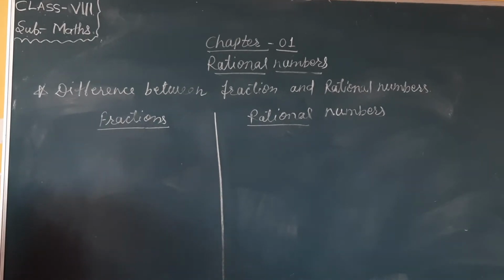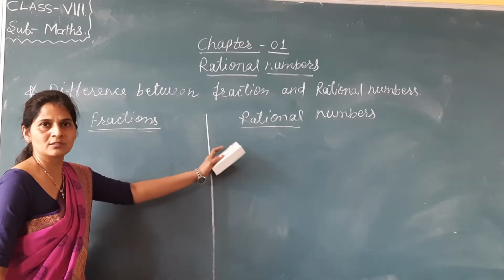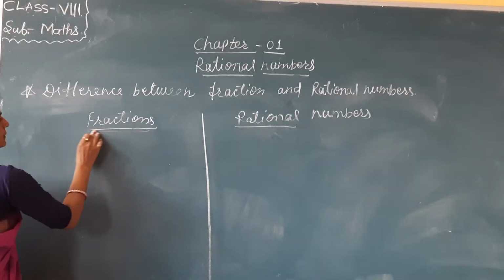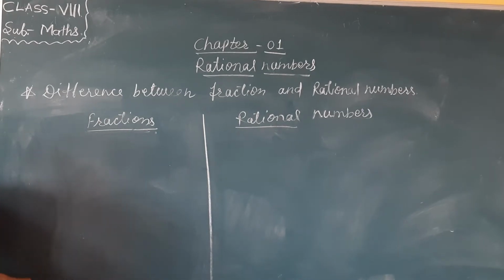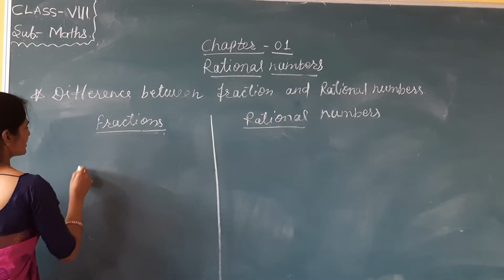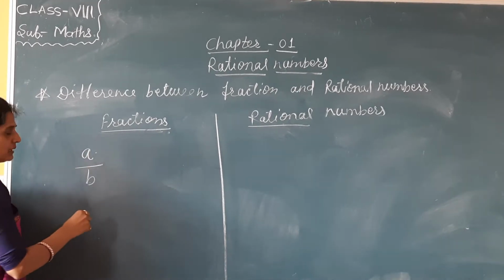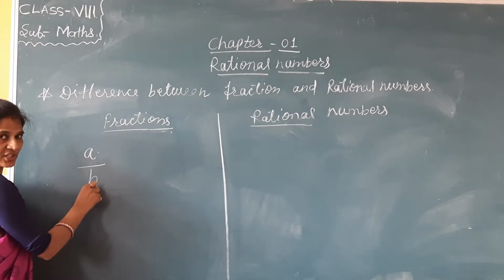Students, we know the fractions and we know the rational numbers also, but we must know the difference between fraction and rational numbers. Now what are the fractions? Numbers in the form of a upon b are fractions.